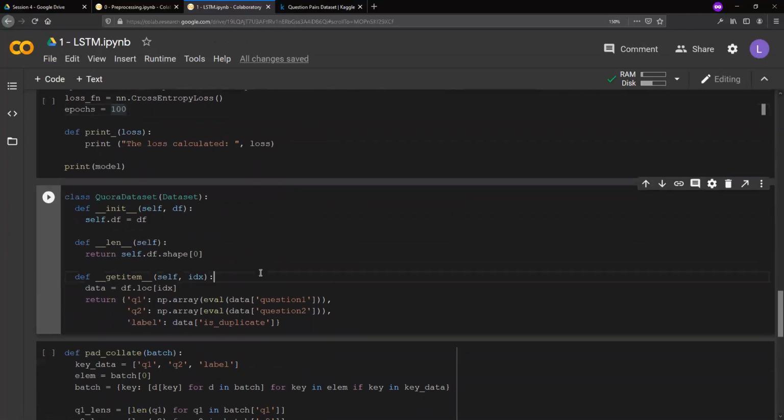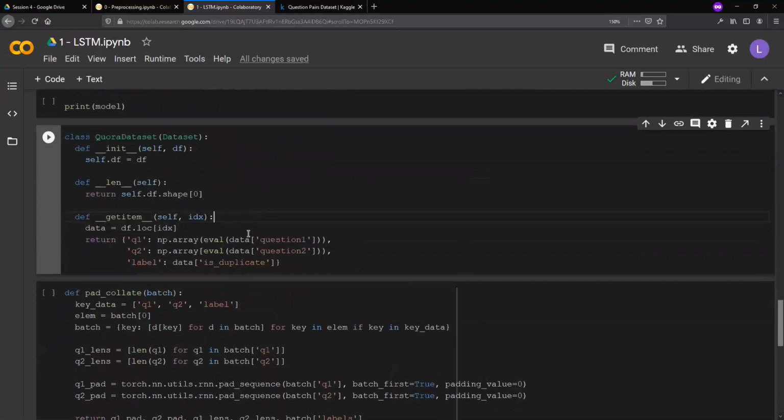Now, for our datasets, since we nicely processed our data in Pandas in the prior notebook, we can just pass in the actual Pandas data frame. Define how to get the length, which is simple since we can just use the shape from the data frame.